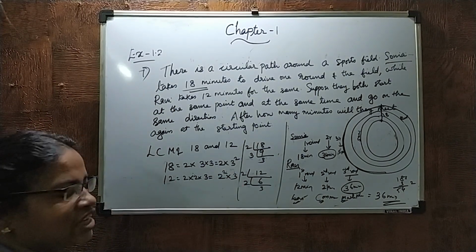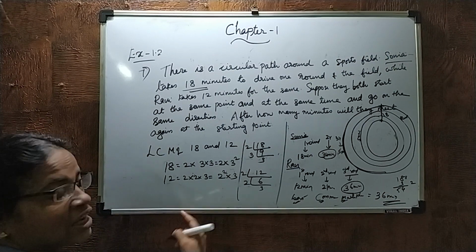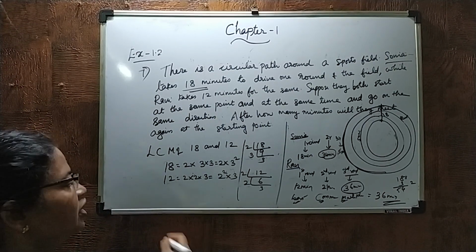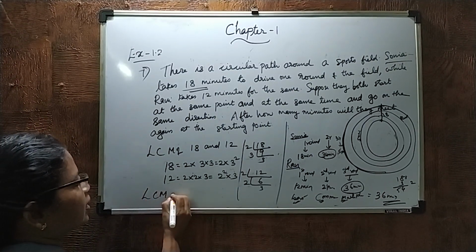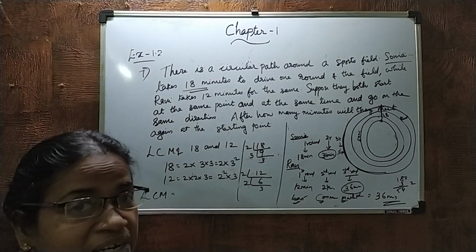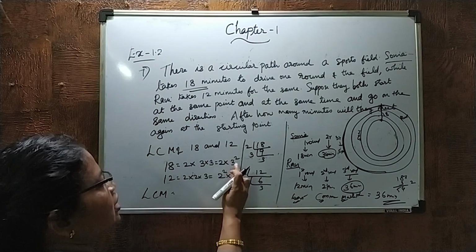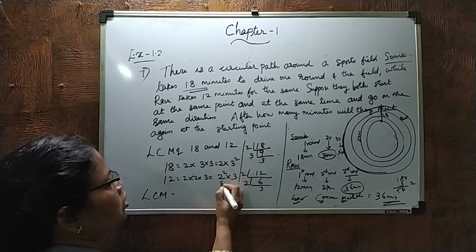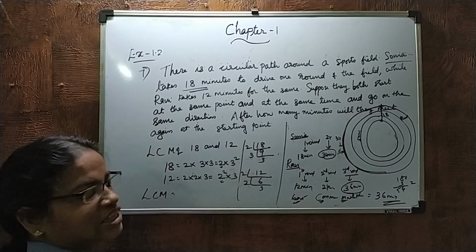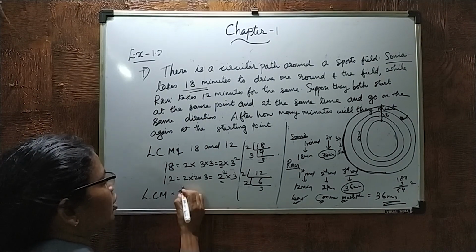Now, how will you find the LCM? You have to take the highest exponent of the common terms. Look, 2 square is there, and 2 is there, so the highest exponent is 2 square.